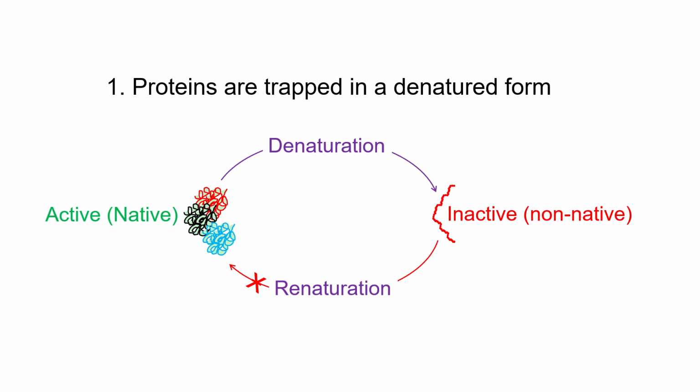He was able to renature it successfully into the native conformation. It means that the two states are interconvertible. The non-native state is transformed into the active form or native conformation because, A, it is guided by the amino acid sequence, and B, the native conformation is the most stable state.